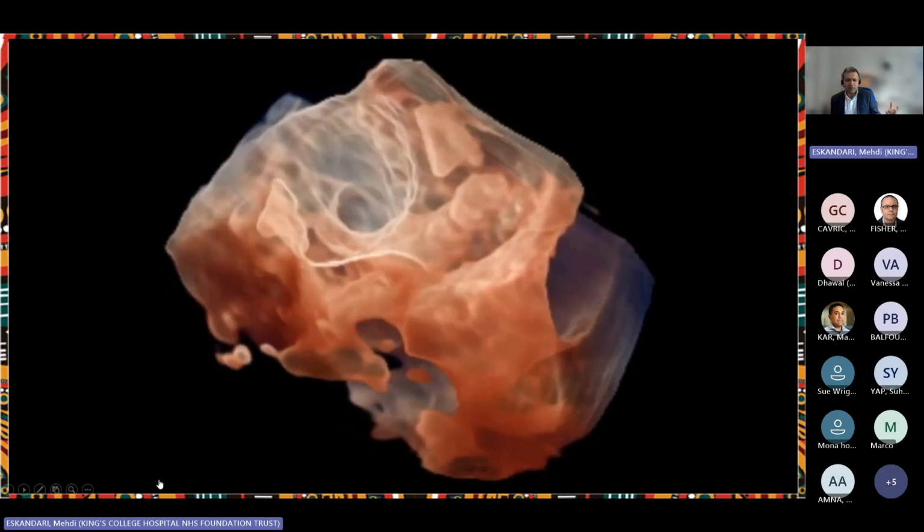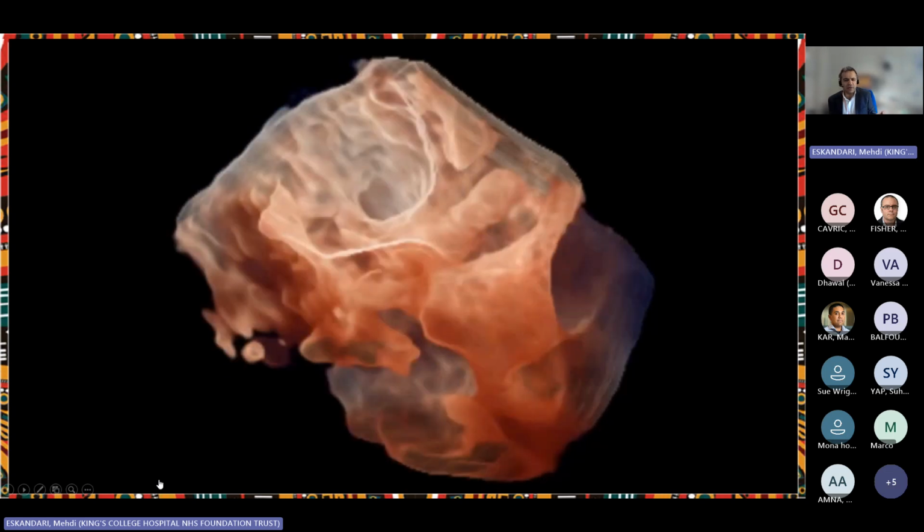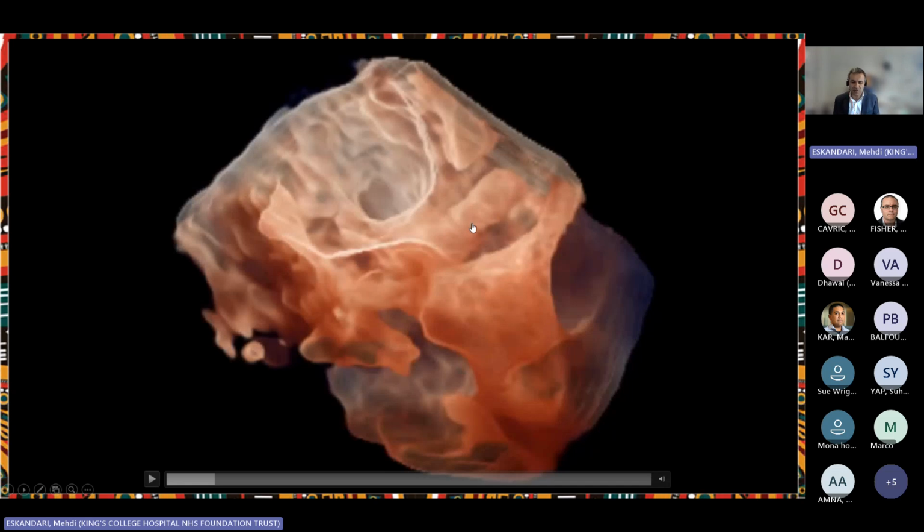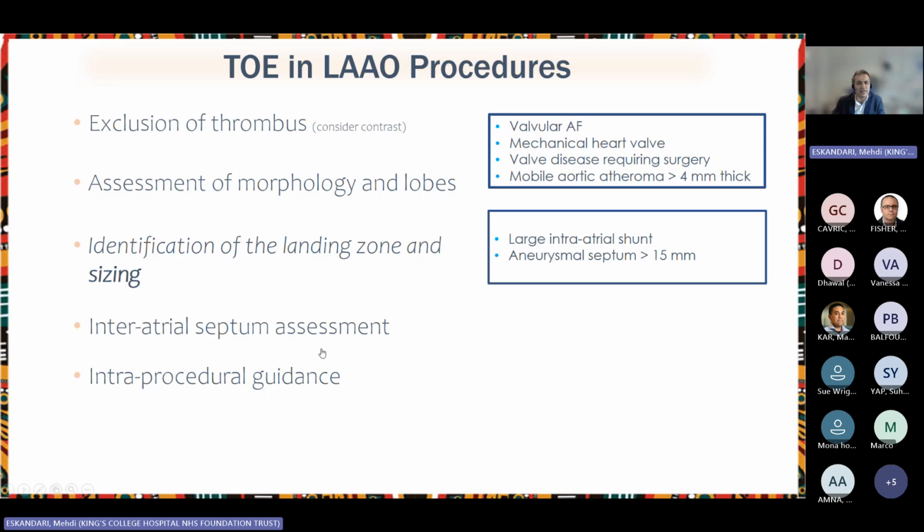If you're a Philips user or a GE user, there are newer modalities such as glass view that help to understand the morphology, because with the 3D echo itself, it's really difficult to understand morphology. With the glass view, when you increase the transparency, in this case, you can see there's one lobe coming, and this is the windsock that you are seeing in this view.